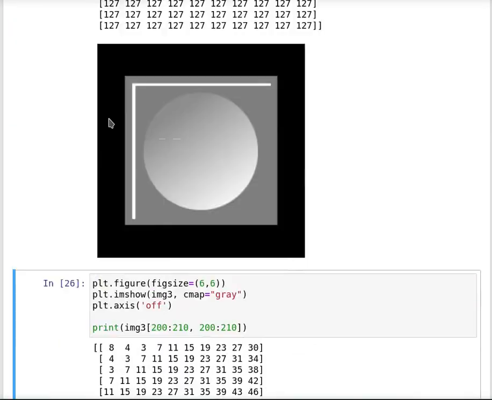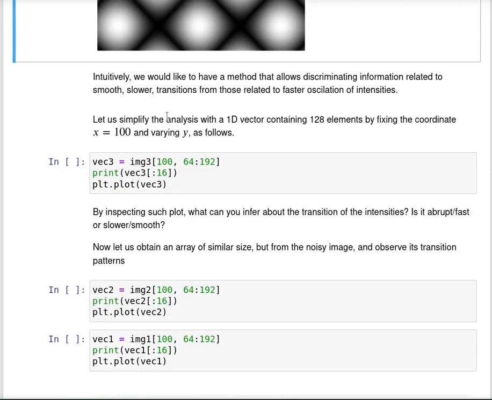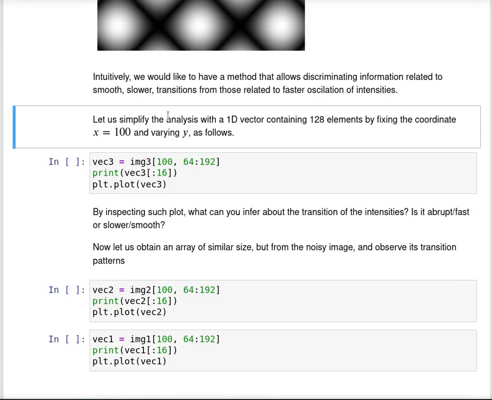So how can we use frequency analysis to understand this type of images? Instead of using the images directly, let us take a vector containing a few examples of it.